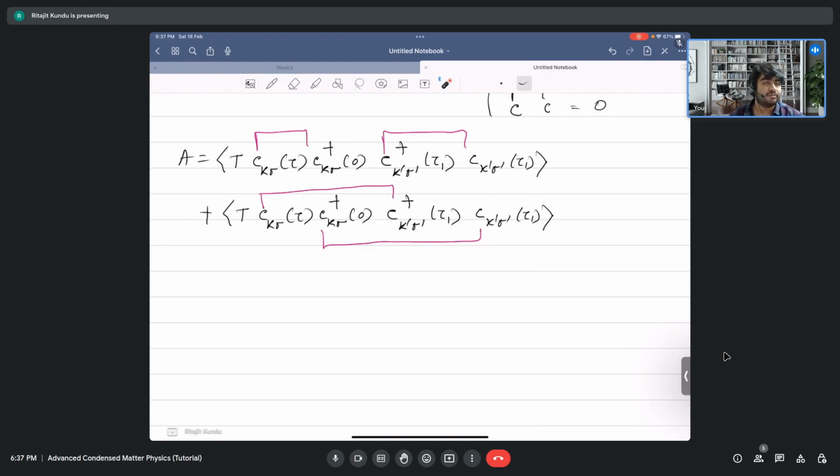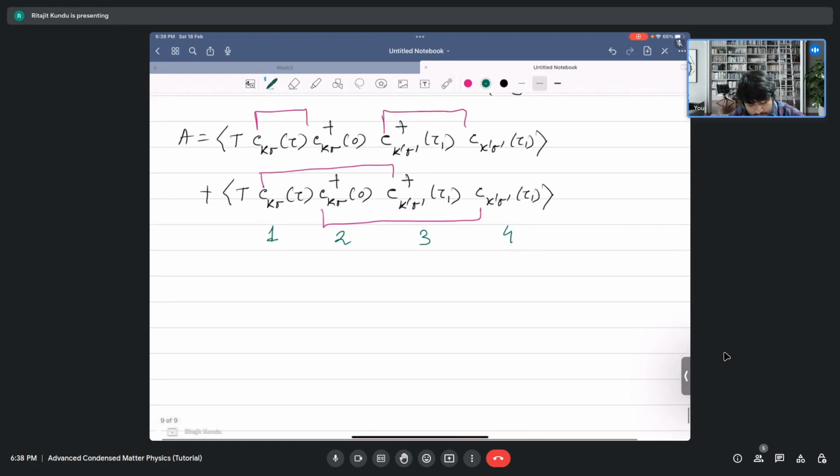How do we do these permutations, and what is the sign of the permutation? For example, let's just denote these four operators as 1, 2, 3, 4. This is my initial configuration, and the final expression should be something like this: 1, and after 1 I want to have this 3, because that is a dagger.